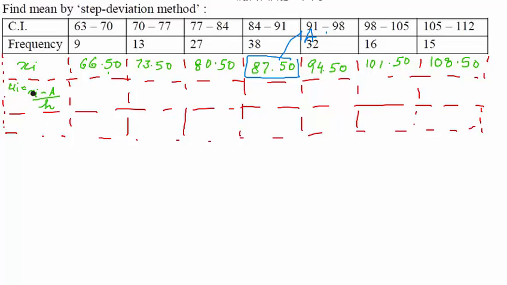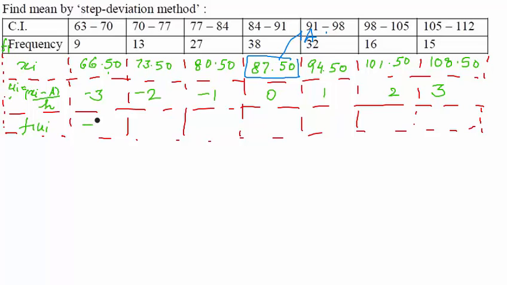So this is the deviation upon the class interval width. If we do this for each row, we get the values -3, -2, -1, 0, 1, 2, 3. The last column is where we multiply the frequency with this ui, so fi ui.